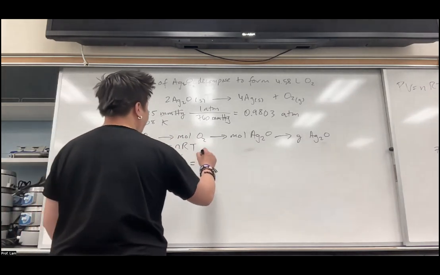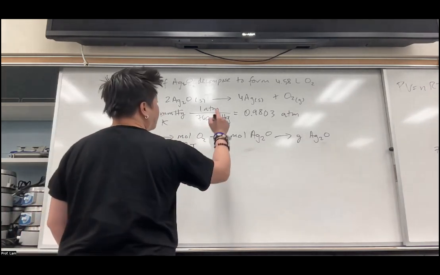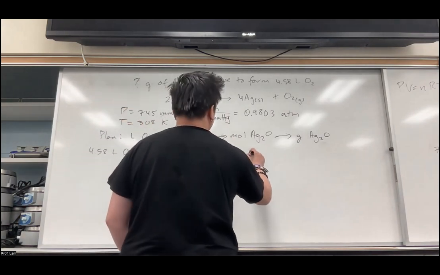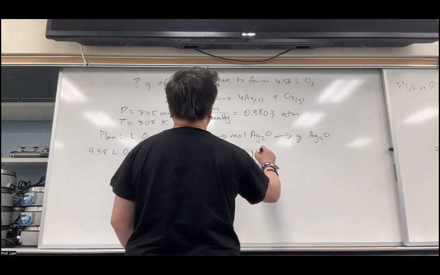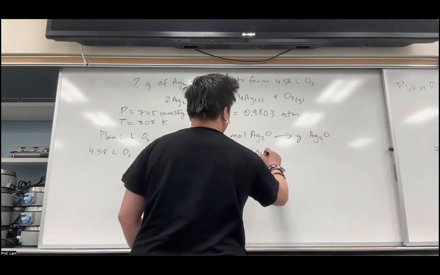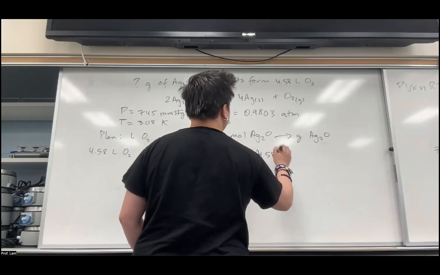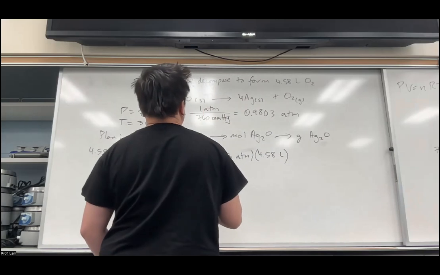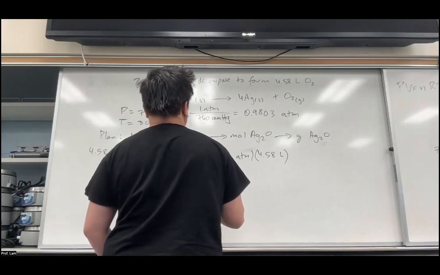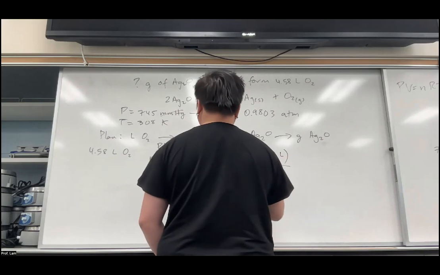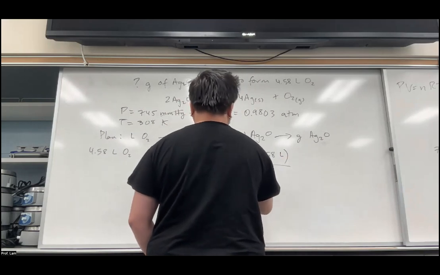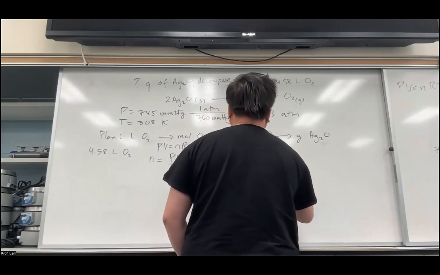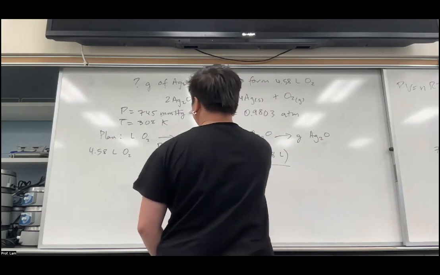So the pressure is 0.9803 ATM times the volume, which is 4.58 liters, divided by R, 0.08206 liter ATM per mole Kelvin, times the temperature, which is 308.